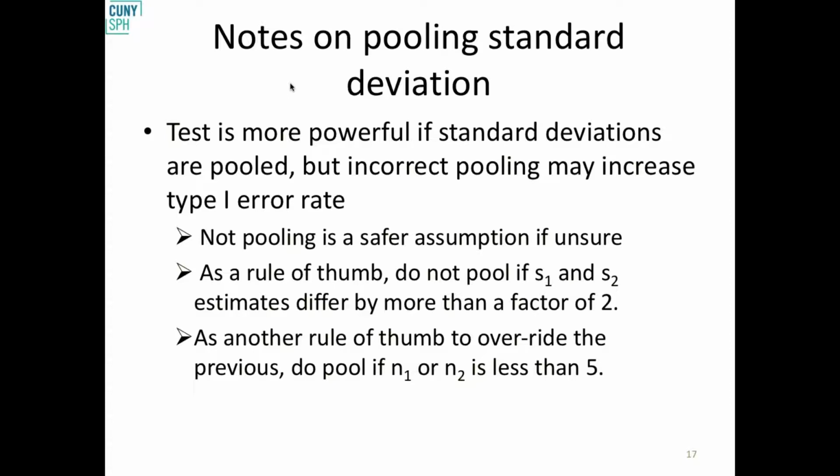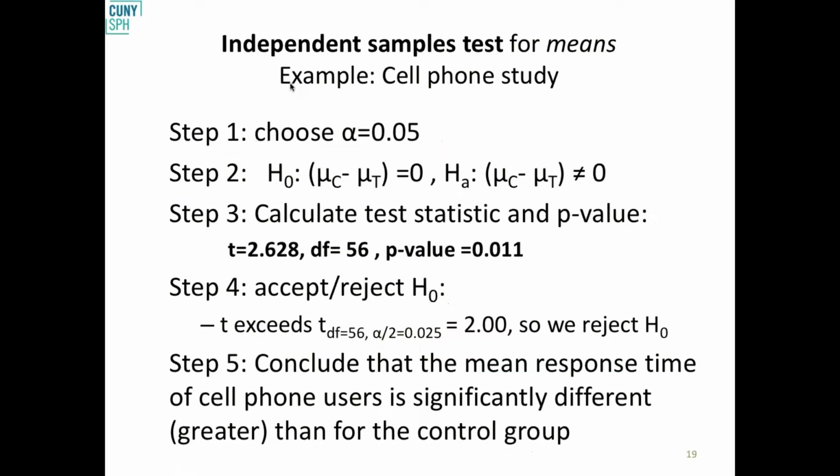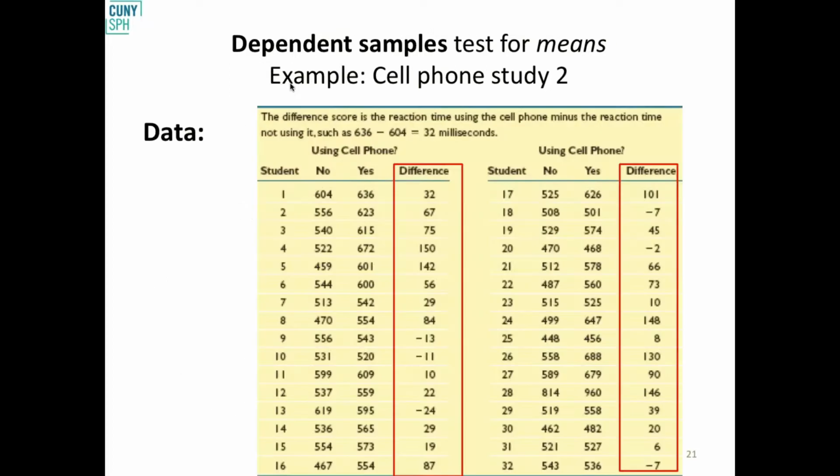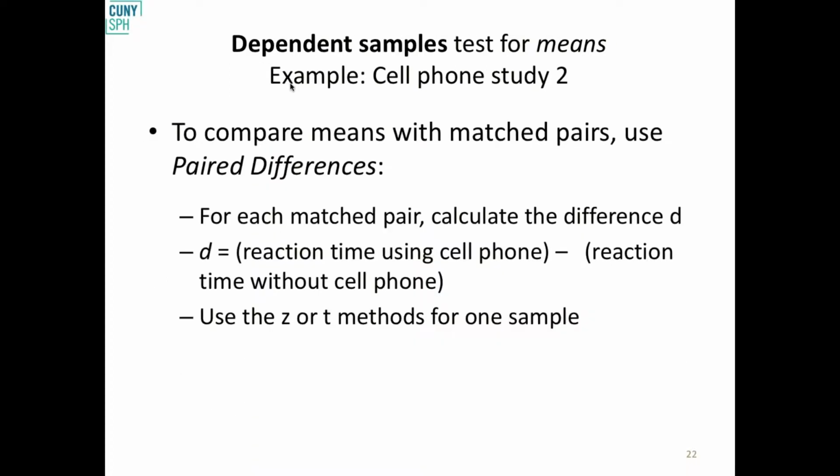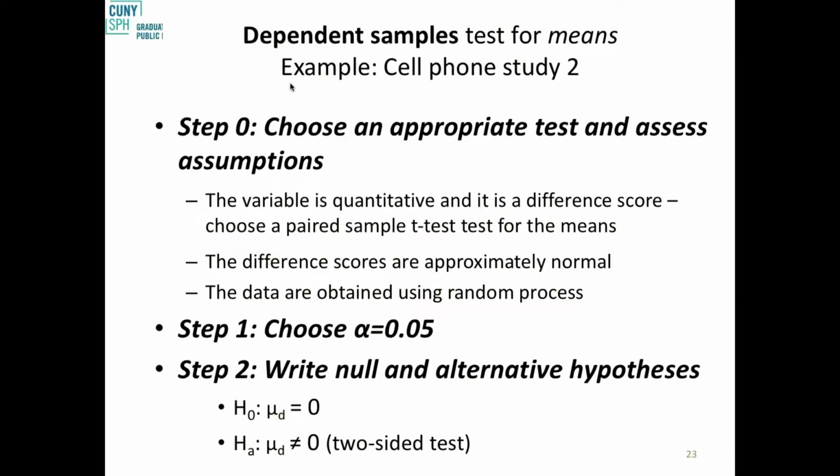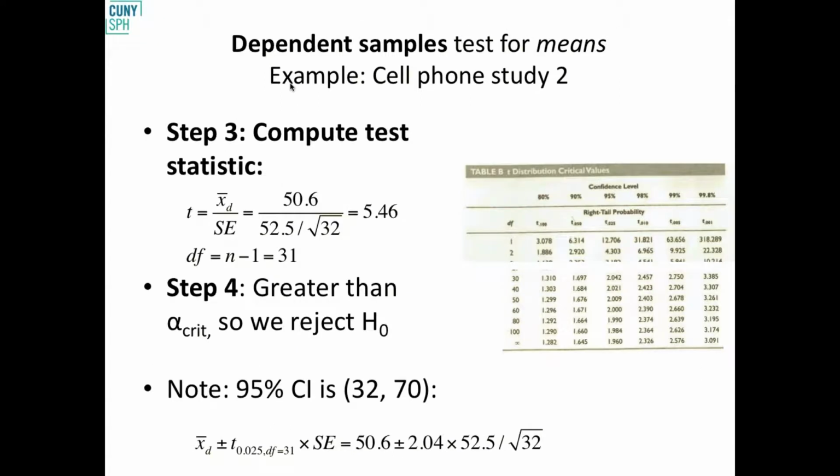But on the bottom of that equation, things get a little bit more complicated because we have to combine the standard deviations for the two groups. I will get to this in more detail. I'd rather do this when we're working with a real example.